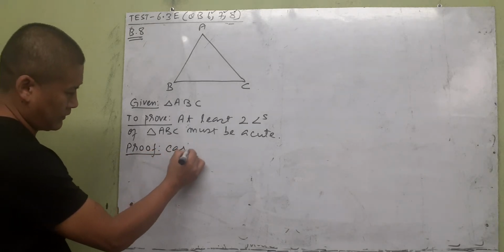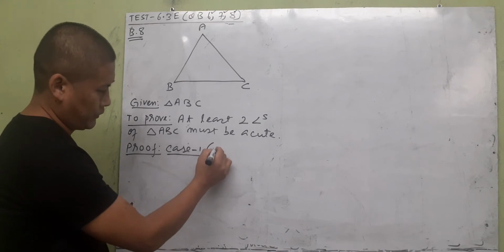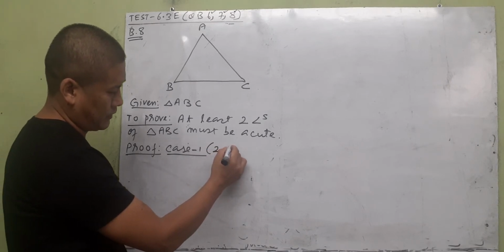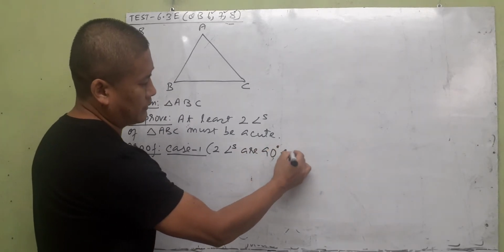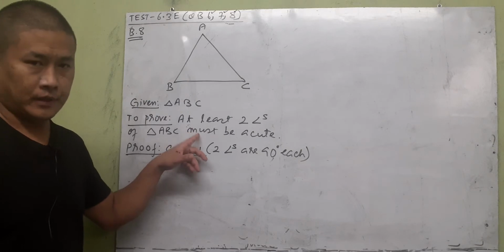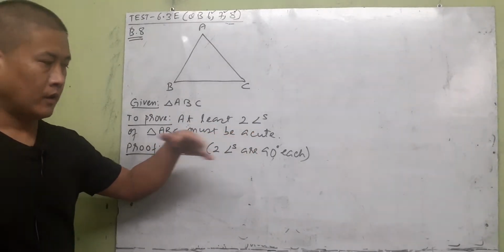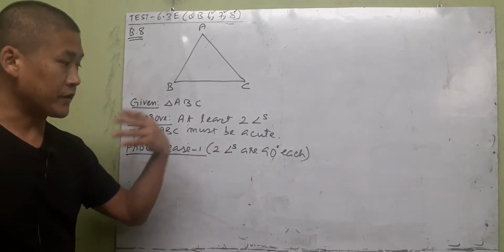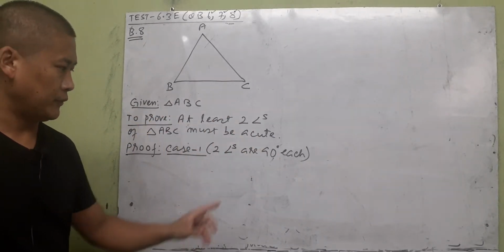In case 1, let us say 2 angles are 90 degree each. So let us take our assumption opposite to what must be the condition for a triangle, that is 2 must be acute. We're just going opposite to that, contradicting, that the 2 angles are instead 90, which is not acute.